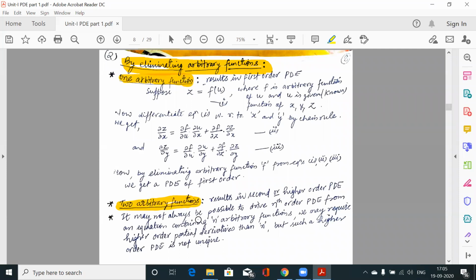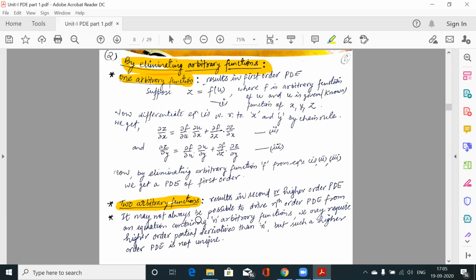Otherwise, whenever we have more than one arbitrary function, the PDE would be of second or higher order. So the order is not fixed in that case.